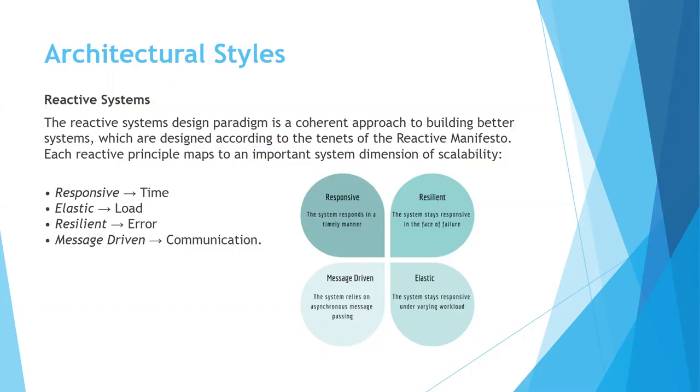Reactive systems are a software design paradigm with four properties. Responsive: the system responds in a timely manner. Elastic: it should be able to stay responsive under varying loads. Resilient: the system stays responsive in the face of failure. And message driven: the system relies on asynchronous message passing.